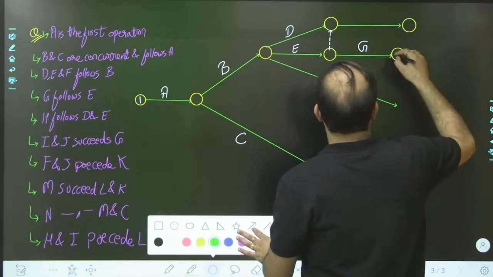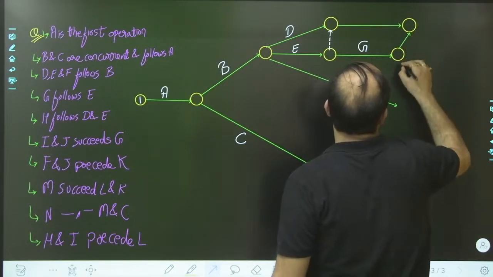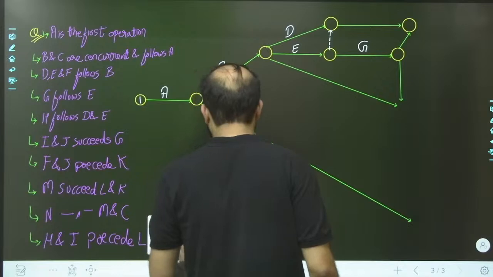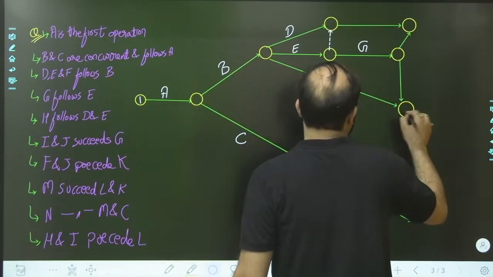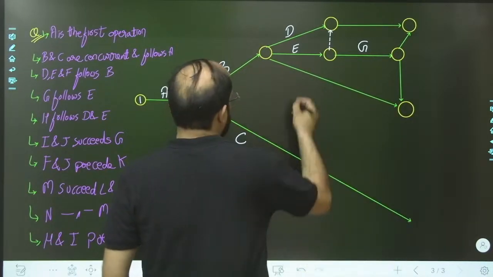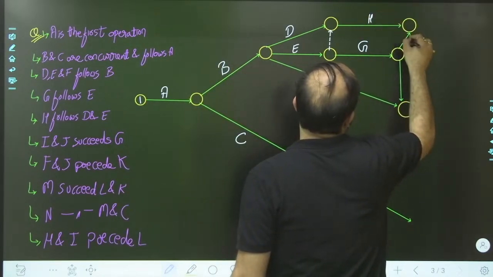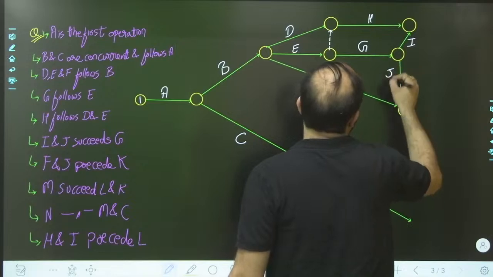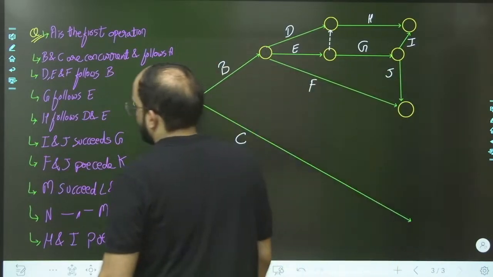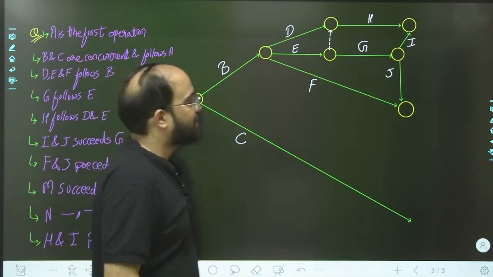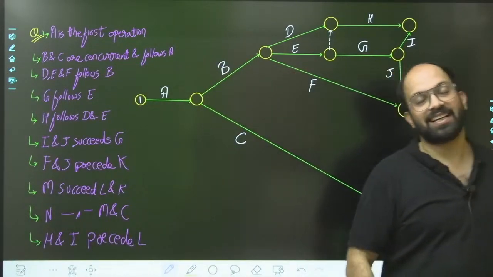So now this will be I and this will be J. The activities are: this is F, this is H, this is I, and this is J. Now next, M is going to succeed L and K. So where is K and where is L?